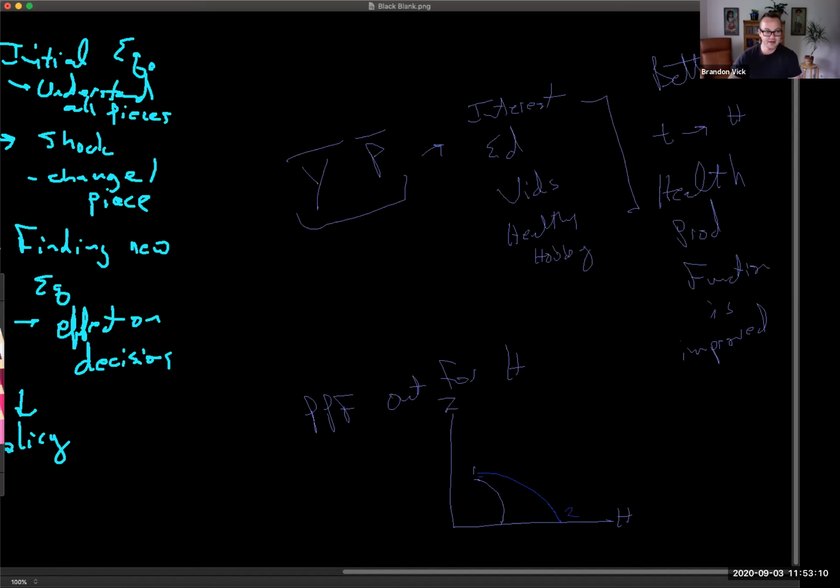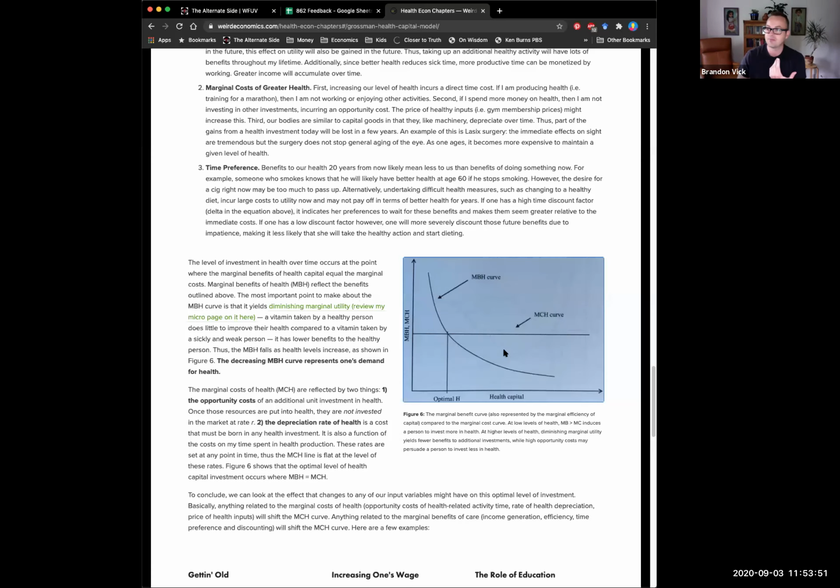Everything else being equal, let's say I'm at point 1 here. That's my initial equilibrium. Due to my better efficiency, maybe I move from 1 to 2, because now I can achieve things along PPF2. And then my marginal benefits curve would shift out, because now I'm being more efficient in my usage.